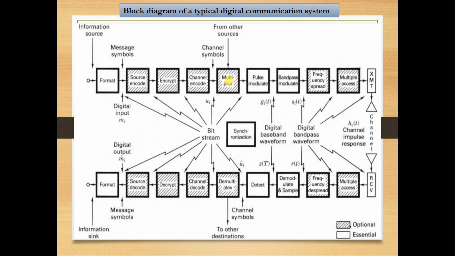Basically, you get the sequence of bits, zeros and ones here, and convert each one of them into a pulse shape. For example, you say, if 0 comes in, I'm gonna generate a rectangular pulse. If 1 comes in, I'm gonna generate another rectangular pulse.